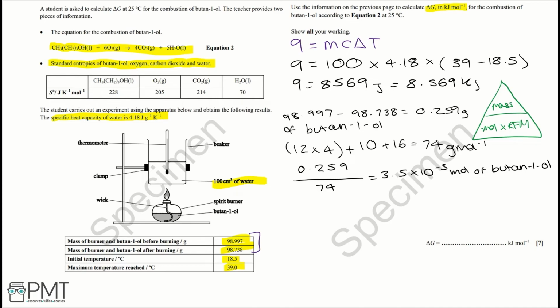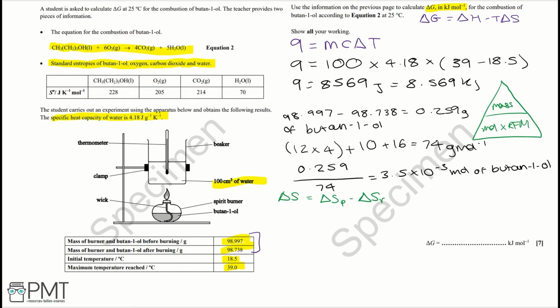So the next part is working out delta S, because in order to work out delta G, we need the equation delta G equals delta H minus T delta S. And delta S is the change in entropies. And it has the equation of delta S equals delta S of products minus the delta S of reactants.